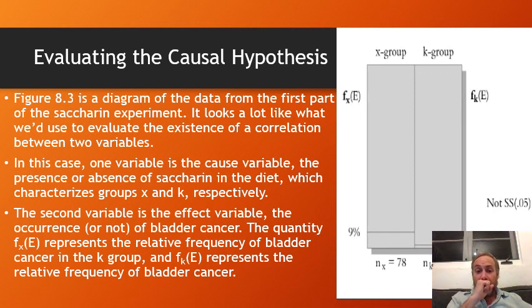In this case, one variable is the cause variable, the presence or absence of saccharin in the diet, which characterizes the two groups, the experimental group and the control group. The second variable is the effect variable, the occurrence or not of bladder cancer. So we have 9% in the experimental group, and I think 1% in the control group.